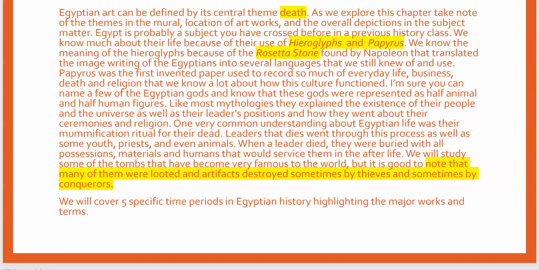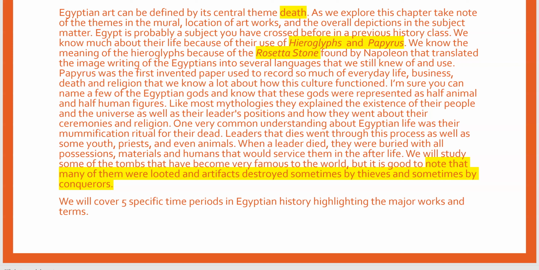We know that with the mummification there's a very strict ritual, which when the leader dies, they go through this process to preserve the body. The body needs to be that portal to the afterlife.